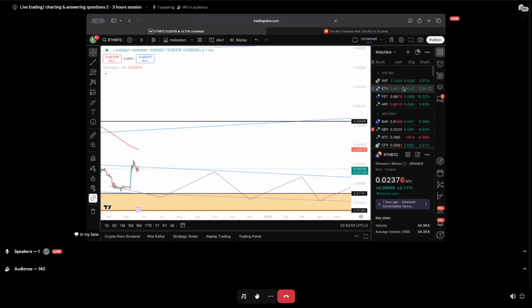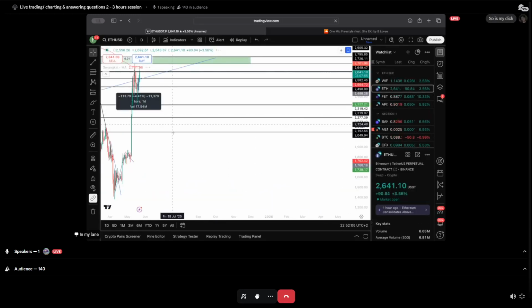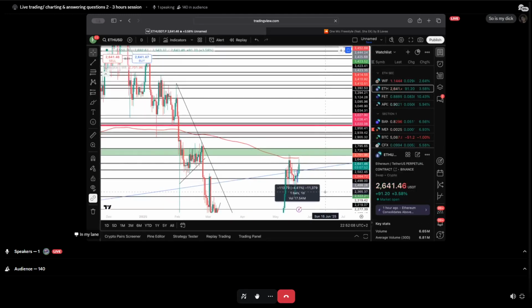And also Ethereum hasn't even moved yet. If you look at Ethereum, it hasn't moved. So I think altcoins still have potential against Bitcoin on the short term.